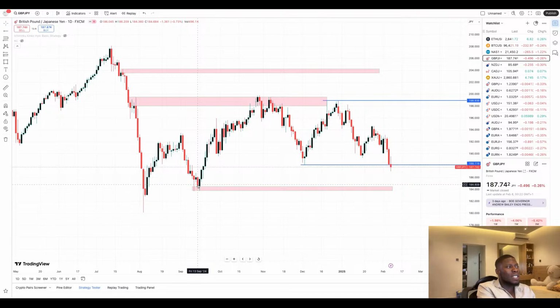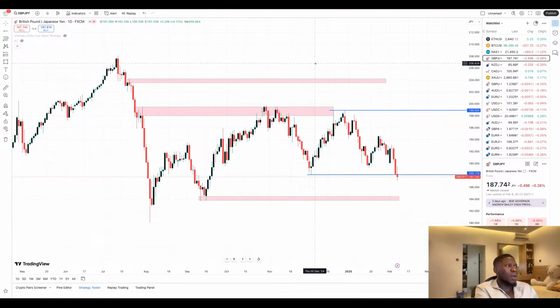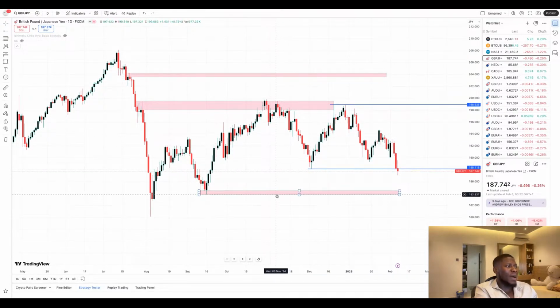There was a massive buy, like very big buy on this zone without any sell at all. So this is an area of interest. This is my recent area on this chart. Just bear it in mind that there are more interested buyers in this region.